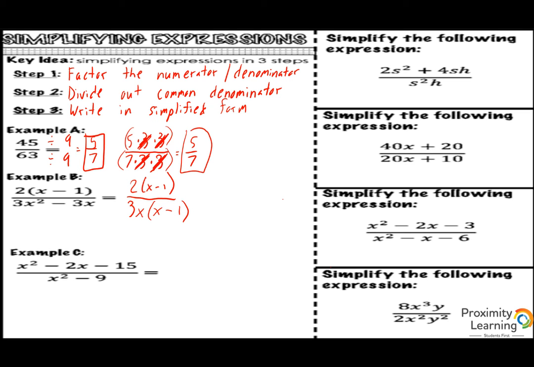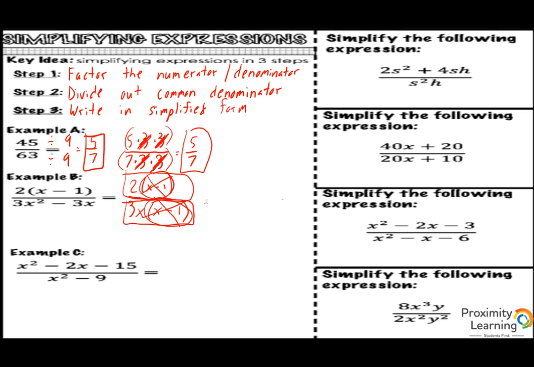So we have factored out the numerator and denominator. Now we're going to divide out the common factor. So looking at our denominator, okay, we have 3x times x minus 1. What's common between it and our numerator here is this x minus 1. So we are going to divide them out. They are canceling each other out.